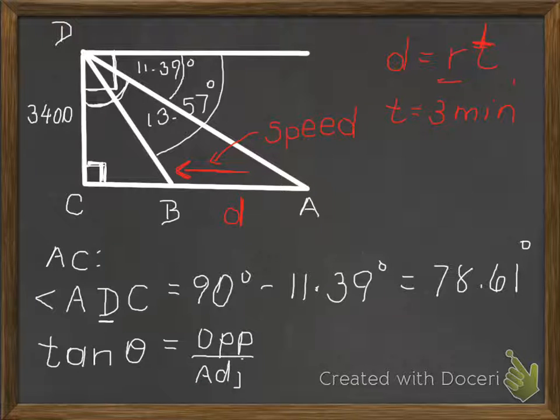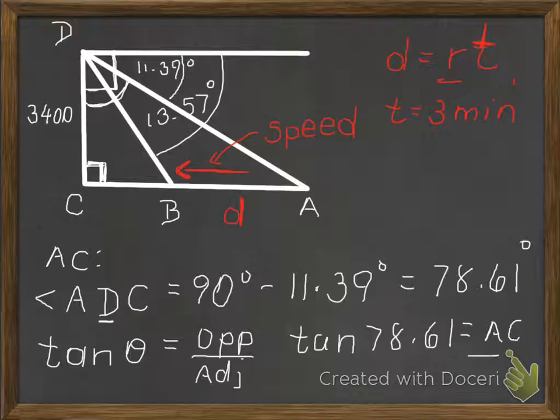In this case, the tangent of 78.61 is equal to the opposite, which in our case is AC, over the adjacent, which is 3,400.